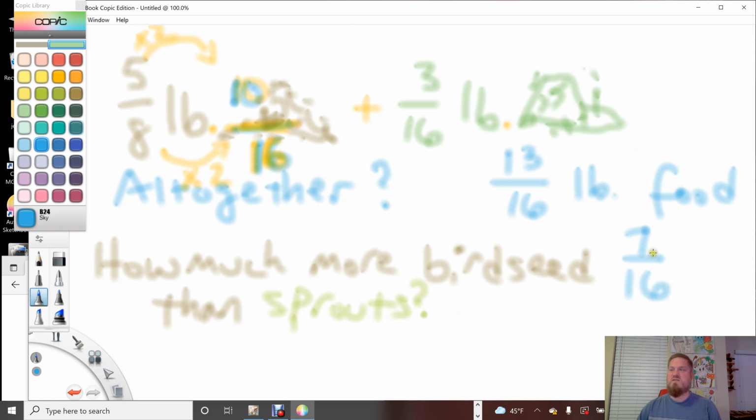So we've got 7/16 of a pound more birdseed than sprouts. 7/16 of a pound. A little less than half, because 8/16 would be half a pound.